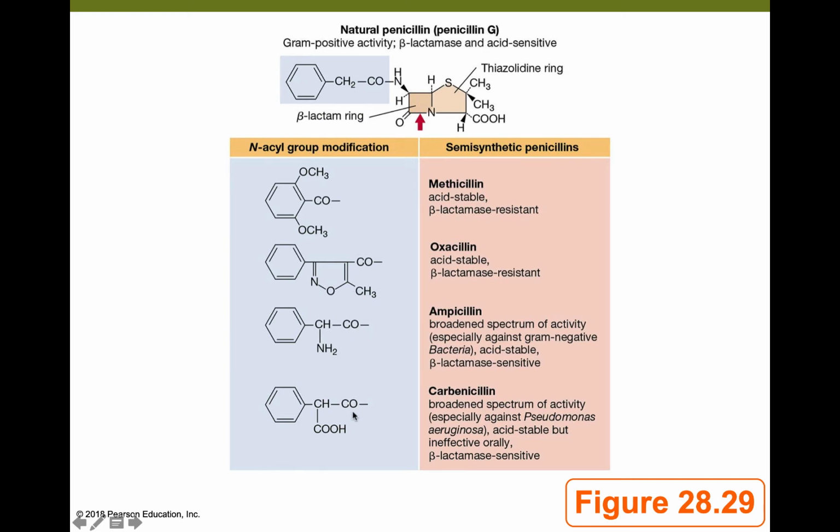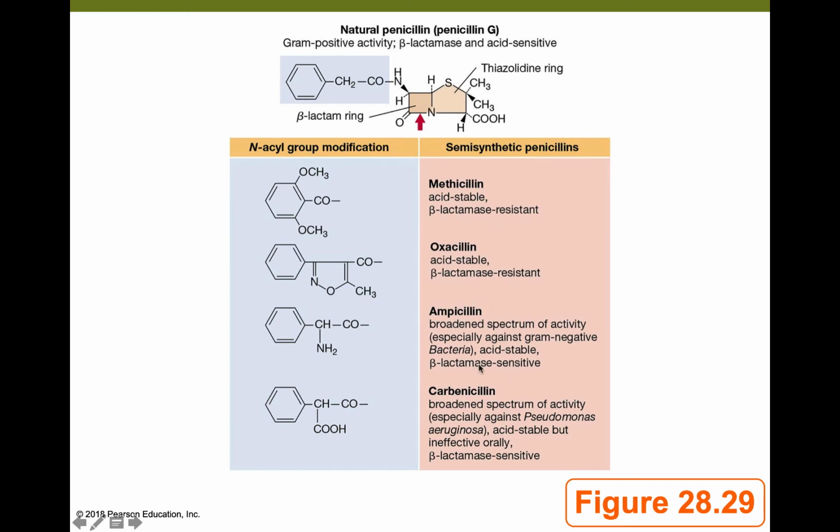And what scientists have done since the discovery and isolation of penicillin is to modify the natural structure to allow for better activity and to allow it to be resistant to beta-lactamases and resistant to acids. So beta-lactamases are enzymes that some bacteria can produce to allow them to destroy the antibiotics. And so you see things like methicillin are supposed to be acid stable and beta-lactamase resistant. Oxacillin is supposed to be the same.